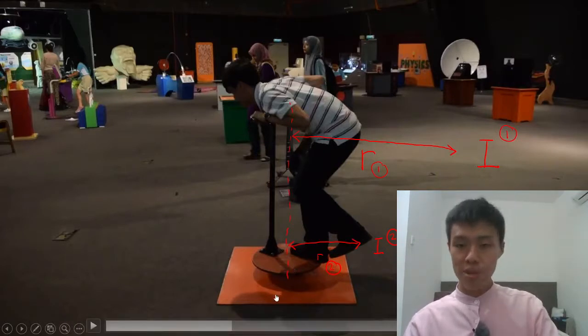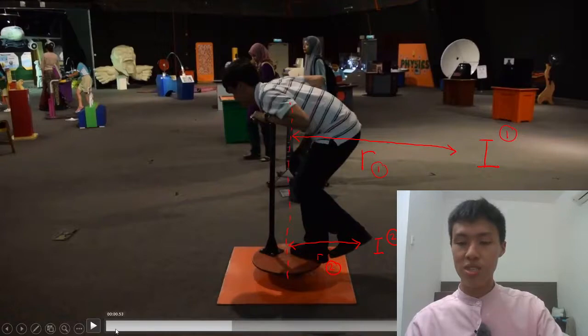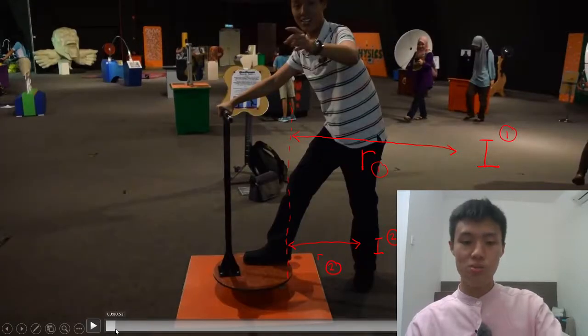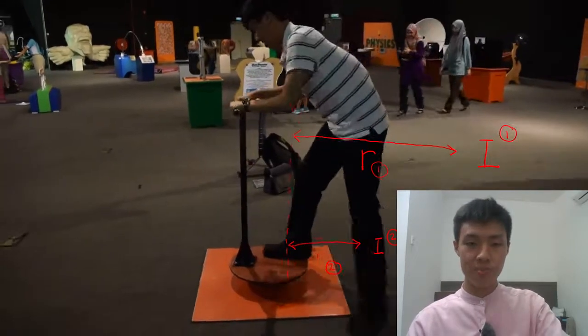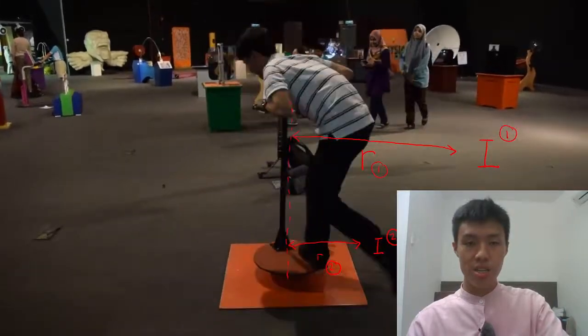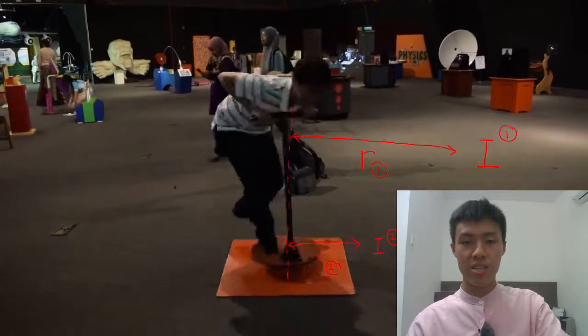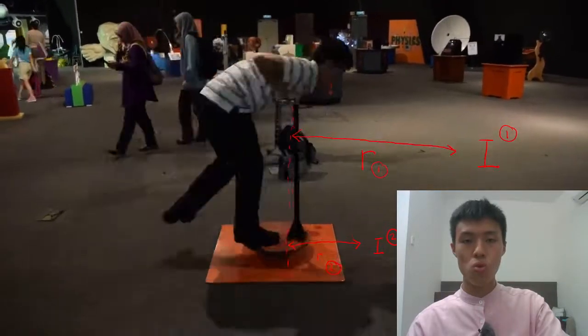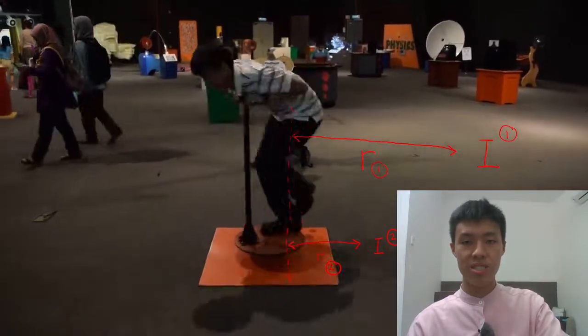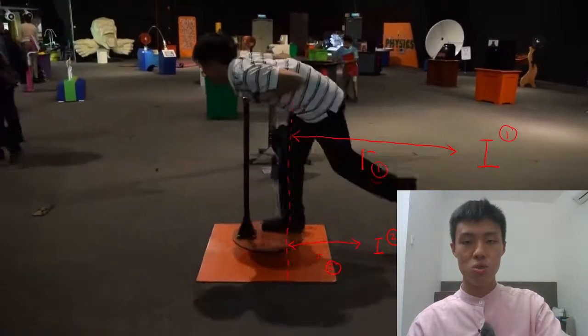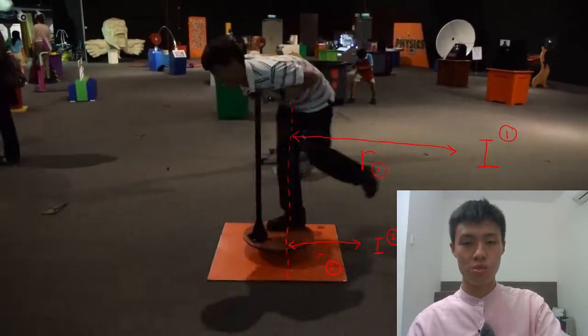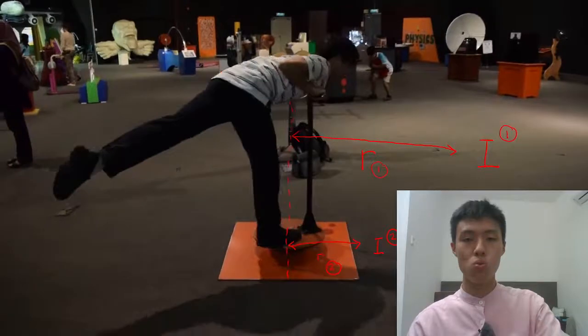So let's replay the video again and see what the angular speed is. Slow, fast, slow, fast, slow, slow.